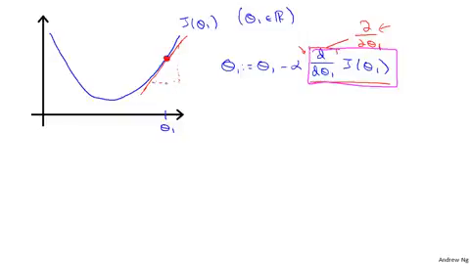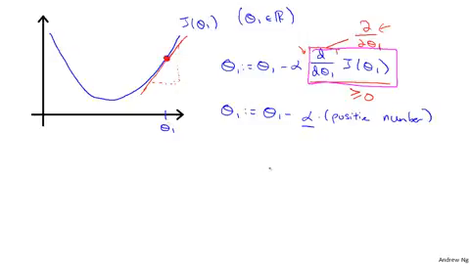Now, this line has a positive slope, so it has a positive derivative, and so my update to theta is going to be theta 1 gets updated as theta 1 minus alpha times some positive number. And alpha, the learning rate, is always a positive number.